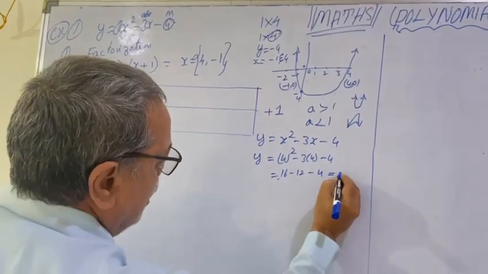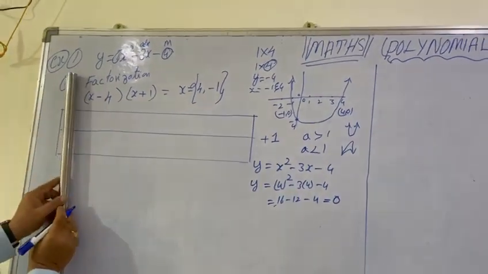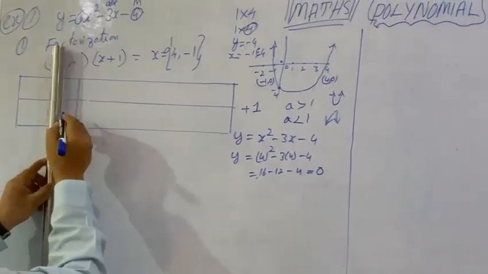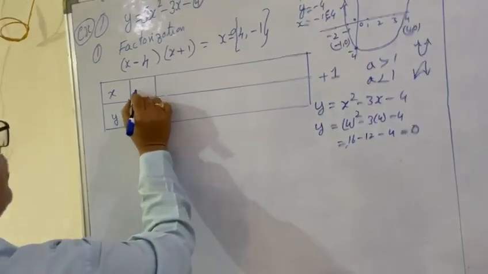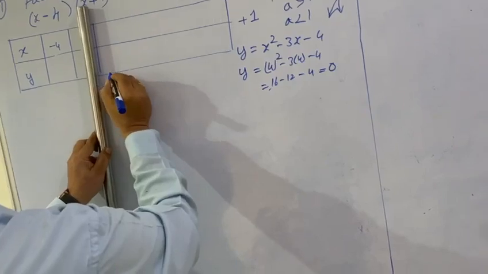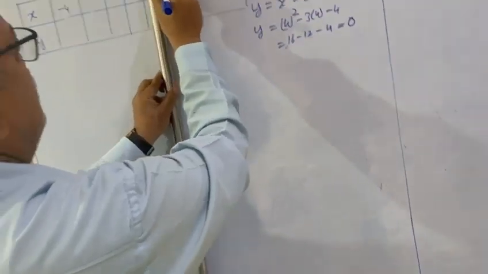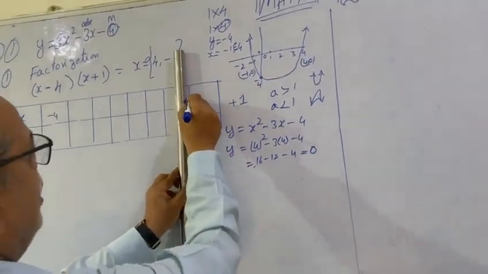Then y is equal to 0. Here we will have to draw x above and y below. And you will have to take minus 4, minus 3 in that way for making a table of ordered pairs.